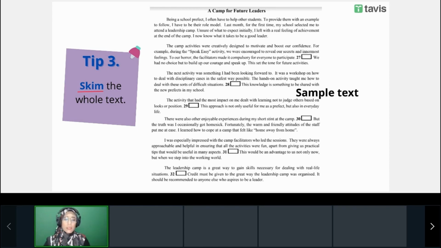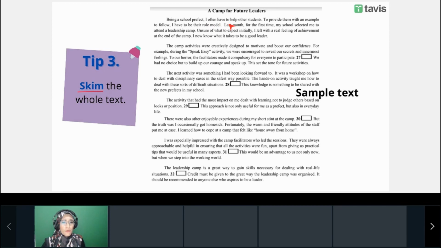What is skimming? Okay, what is skimming now? Skimming is where you need to read very quickly just to get the gist, or just to get the general idea of the whole text. We do not want to know each and every word.